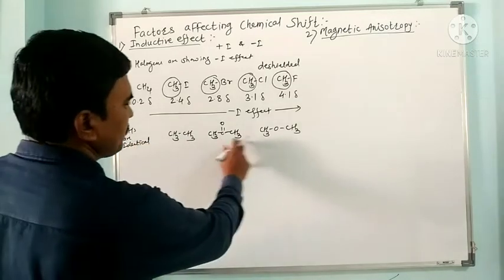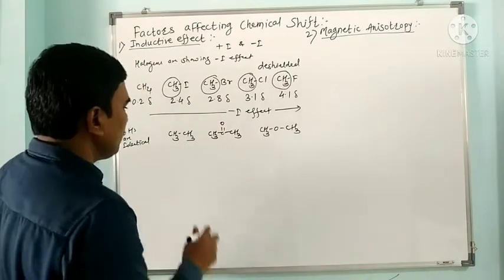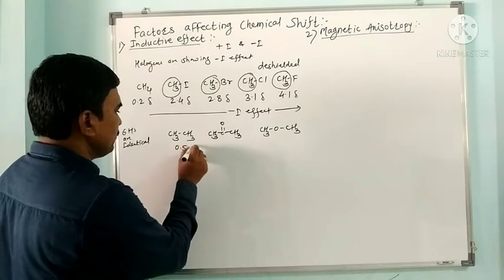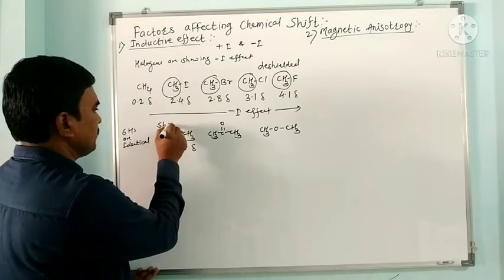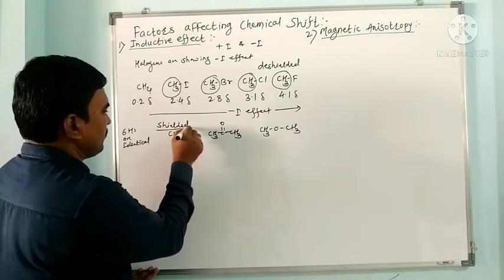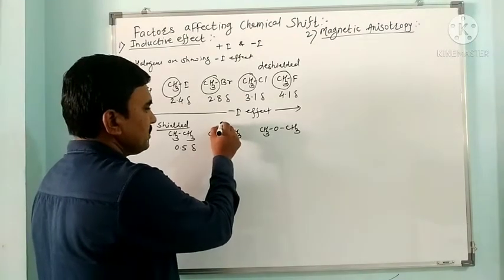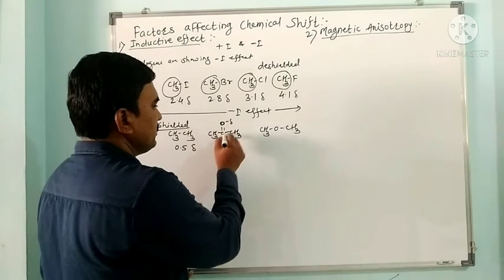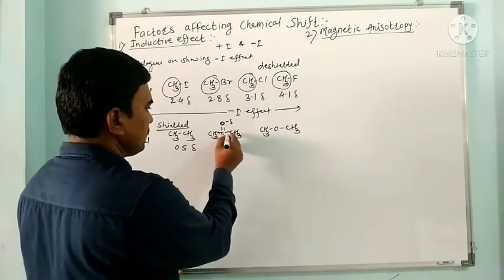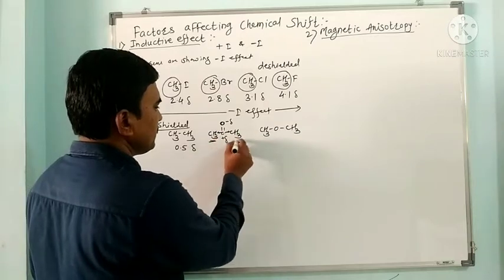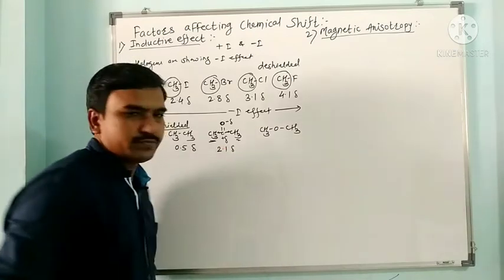In ethane, the chemical shift is around 0.5 delta because these are highly shielded. But in acetone, the electronegative oxygen attached to the carbonyl carries a delta negative charge, so the carbon has a delta positive charge and attracts electrons. So the proton's chemical shift slightly increases. These acetyl protons are around 2.1 delta.